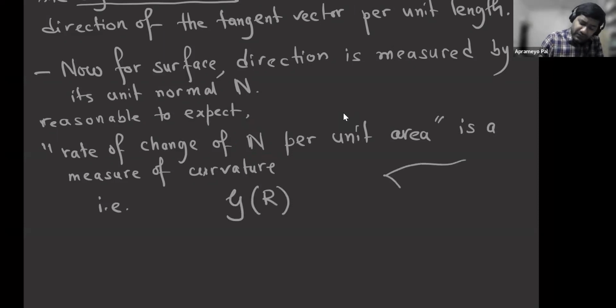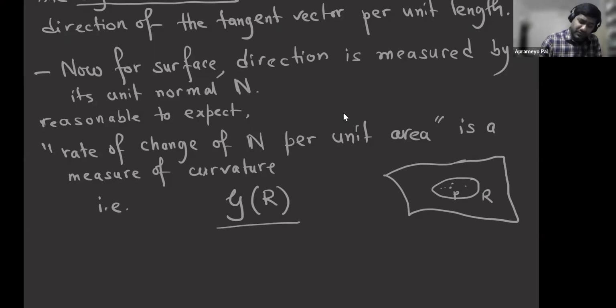So if this is a surface, you take some point P, then you take some small region R, and that's the region. G of R will then give you all the values of N at these points.